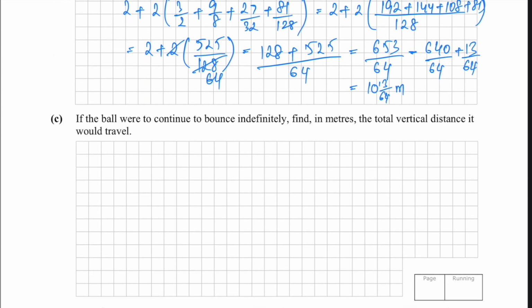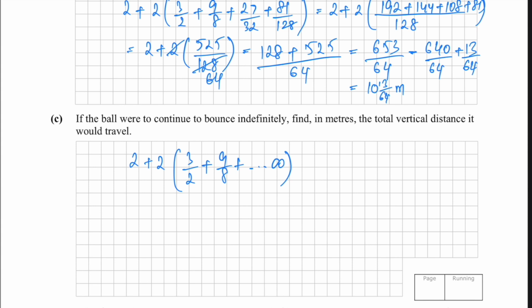Okay. The third part, C, is: if the ball were to continue to bounce indefinitely, find in meters the total vertical distance it would travel. So the first time, that is the 0th bounce, is 2 plus 2 times each bounce. As usual, it is 3/2 plus 9/8 plus, it goes on until infinity.